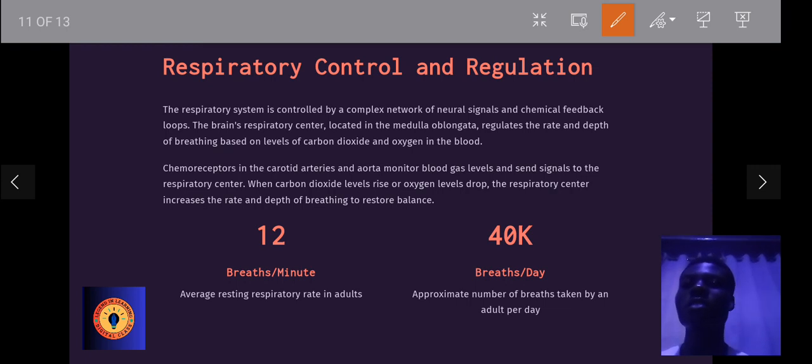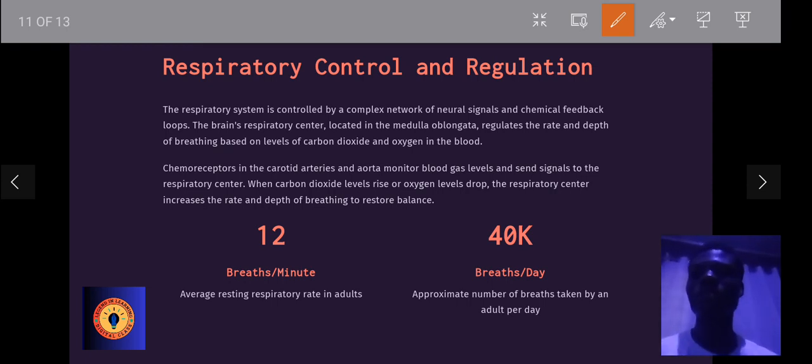The brain respiratory center, located in the medulla oblongata, regulates the rate and depth of breathing based on the level of carbon dioxide and oxygen in the blood. And you have the chemoreceptors in the carotid arteries and aorta that monitor blood gas levels and send signals to the respiratory center.